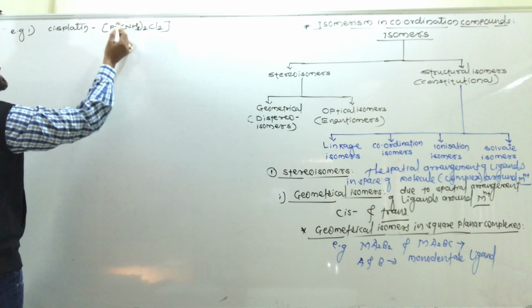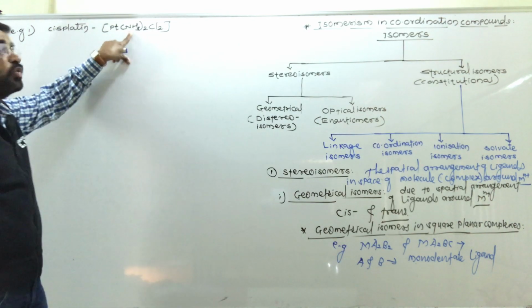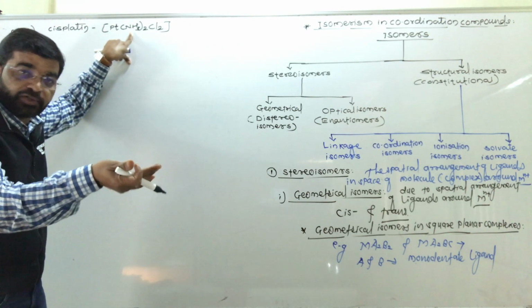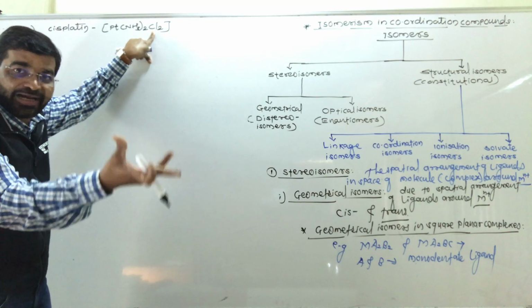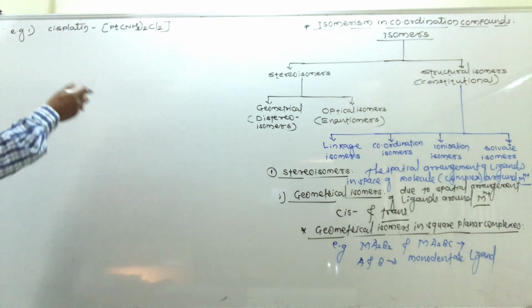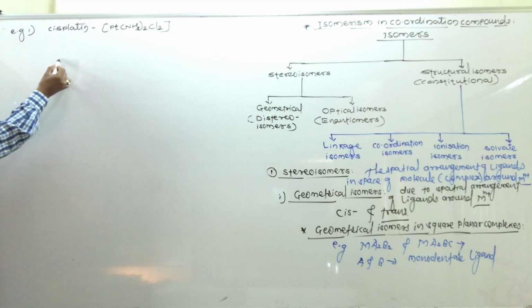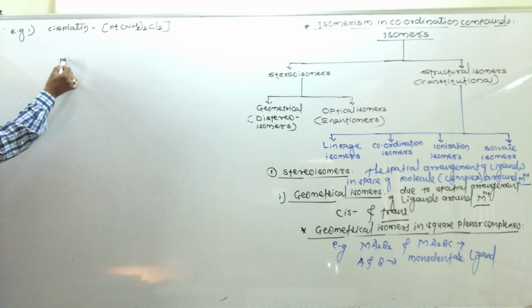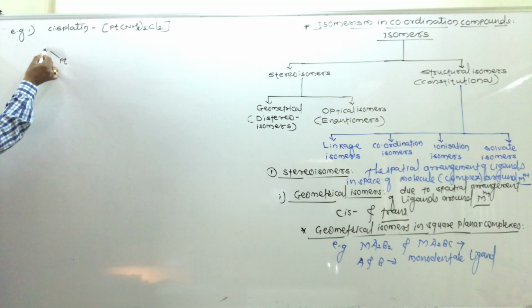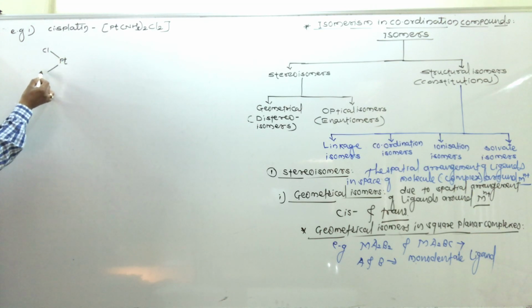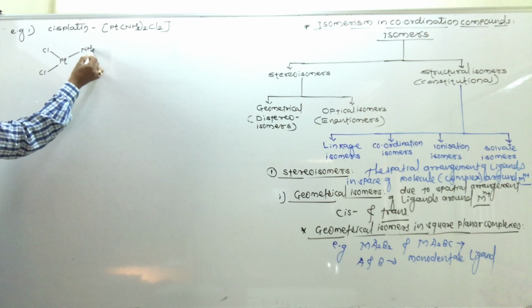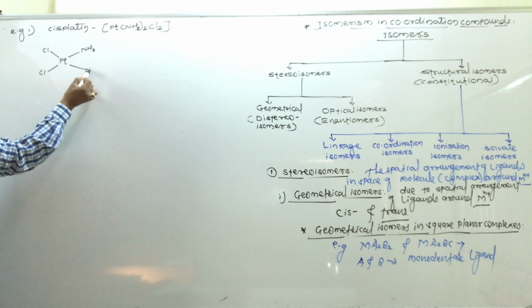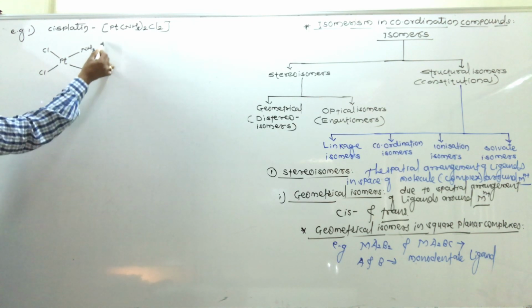This is nothing but the A2 यानी कि दो अमोनिया मॉलिक्यूल, B2 दो क्लोरीन एटम या क्लोराइड आयन्स. So here see, in the square complex platinum is present at the center. Here one chlorine atom is there, here ammonia molecule, and here also one ammonia molecule is there.